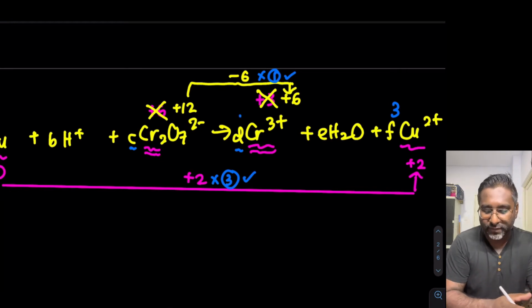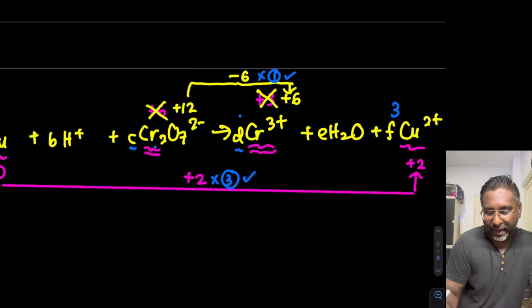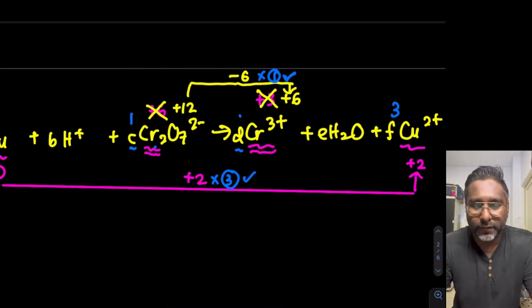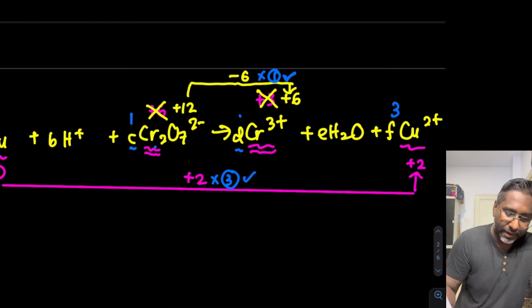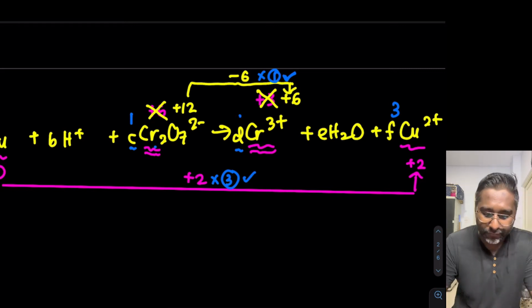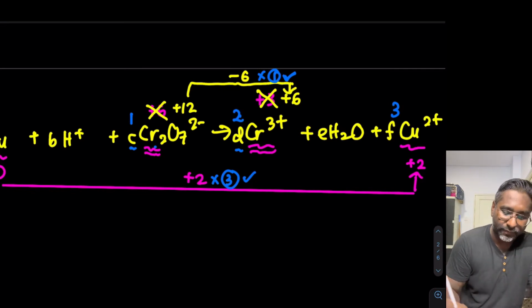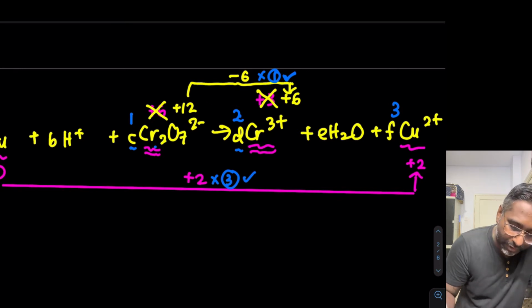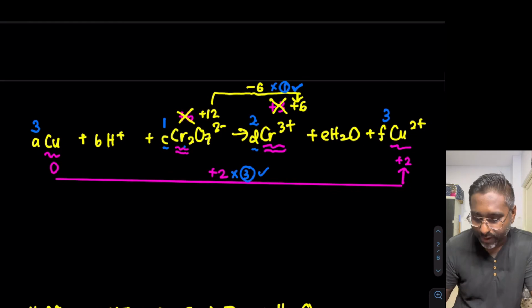Because in this case, if I put it to the right, it doesn't make sense, because if this is 1, then you have 2 Cr. It doesn't make sense. You need to have 2. So this 1 must come over here. If that 1 goes to the Cr2O7 2-, we have 2 atoms of Cr, so this one must automatically be 2, because there is no more Cr on the right hand side.